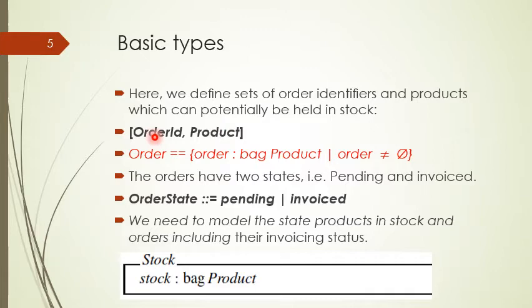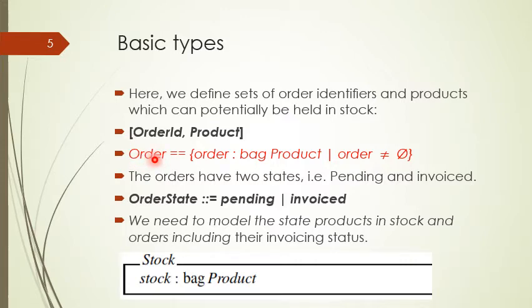Whenever we say that order ID is a basic type, it stands for the set of all possible order IDs. And whenever we say that product is a basic type, it means the set of all possible products. Now we can extend the basic type product to another type, order.